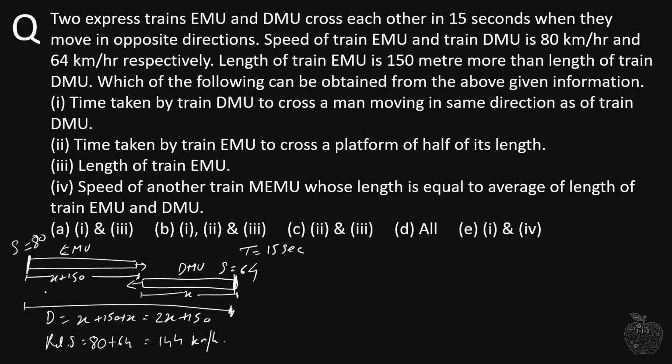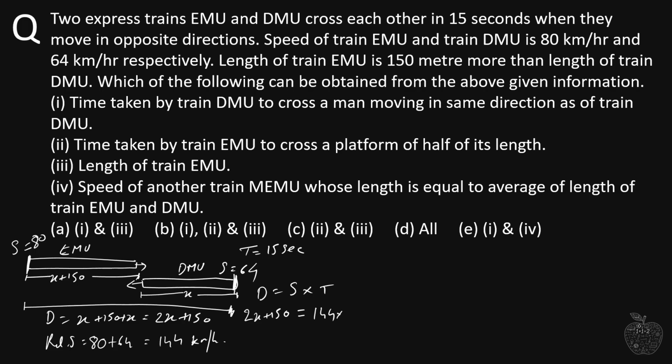Now from this information we can calculate the value of x. I will not calculate the value of x, I'll just tell you how you can calculate it, and after that we'll move towards the points. In order to calculate this, we will use the formula that distance is equal to speed into time. So the distance 2x plus 150 is equal to the speed 144, but this is in kilometers per hour, and we have time in seconds and distance in meters.